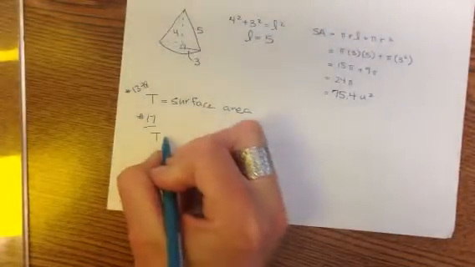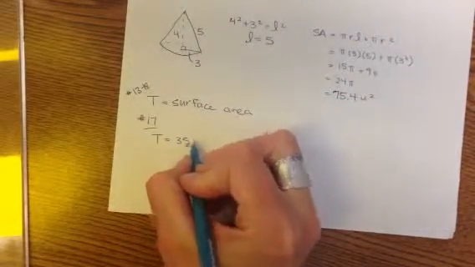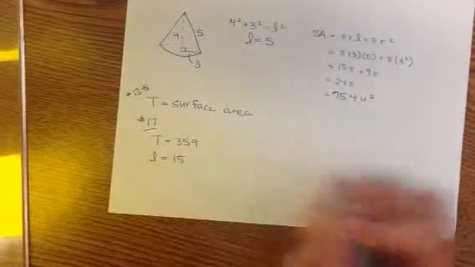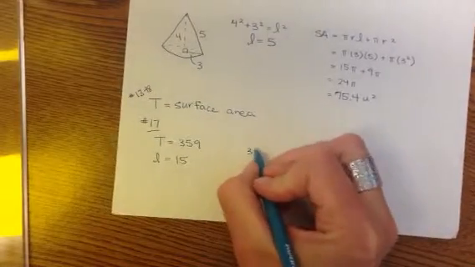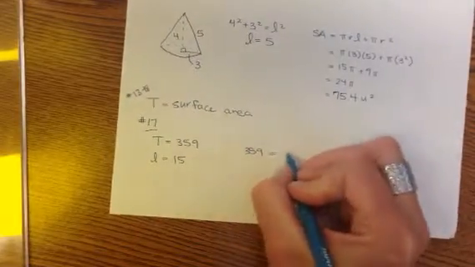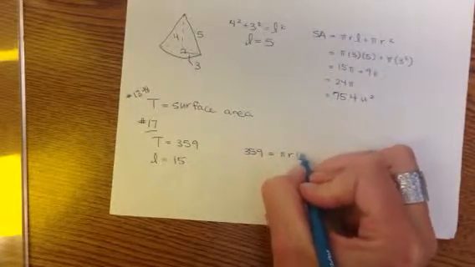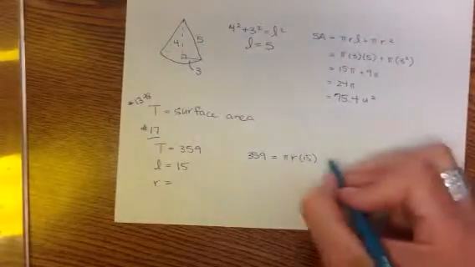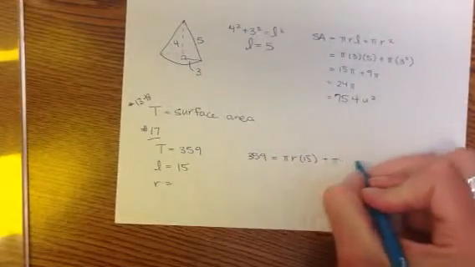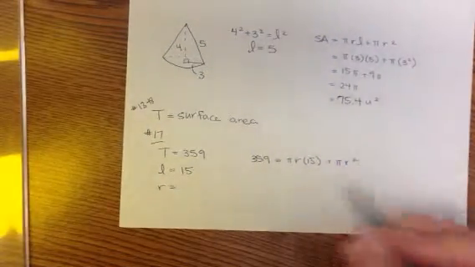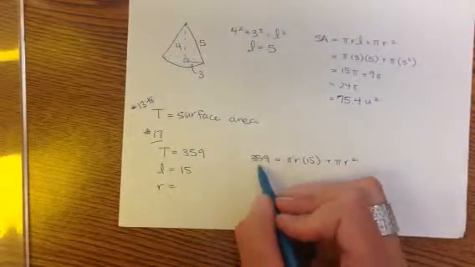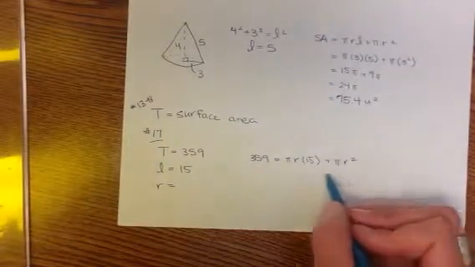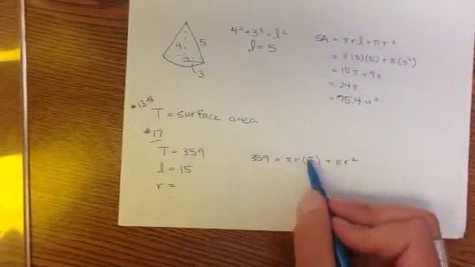So it tells us that T is equal to 359 and that the slant height is equal to 15. So that means that 359 is equal to pi r times 15, and they want us to find the radius, plus pi r squared. And now you can see that since we're looking for the radius, this problem is turning into a quadratic we're going to try to solve.